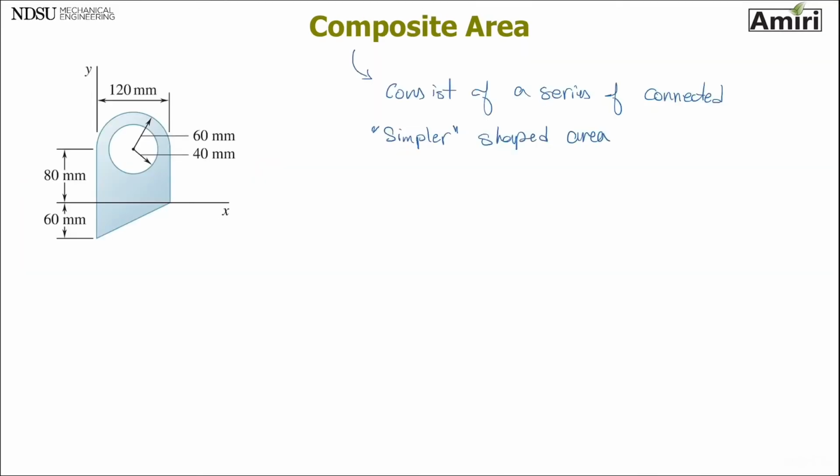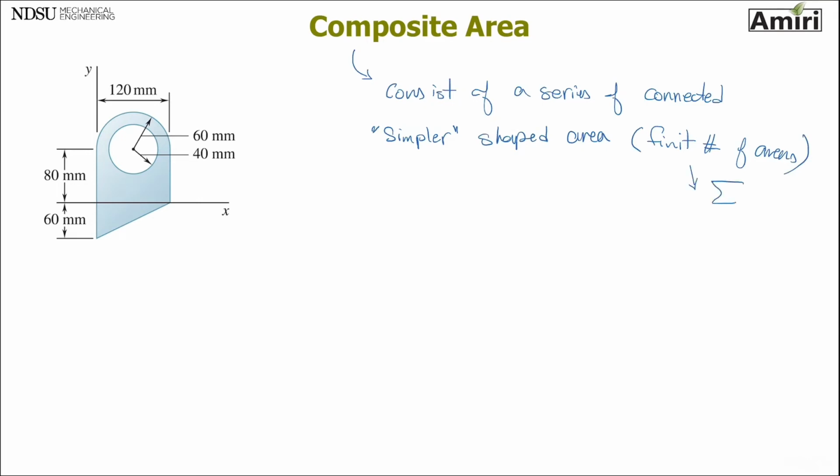So if you can break down this area that we have, this shaded blue area, then it's much easier. You can skip the integration. And since we're breaking it down, we're going to have a finite number of areas. So we can change the integration into summation.